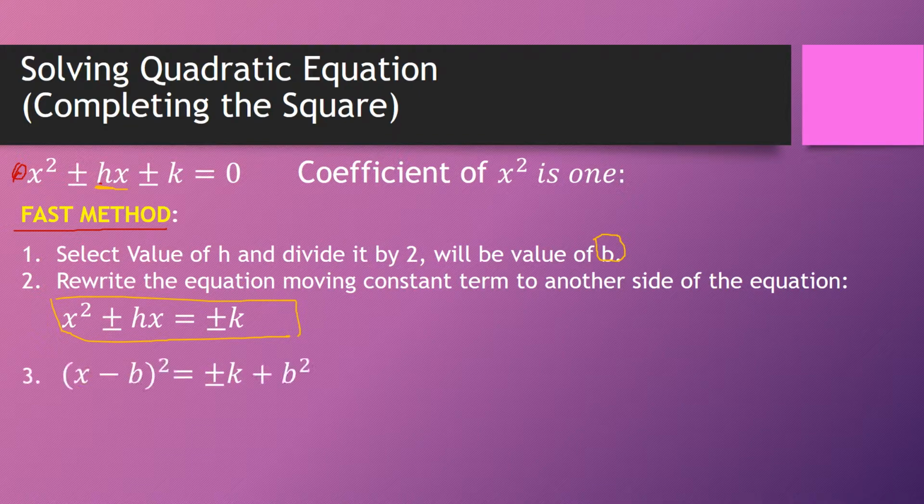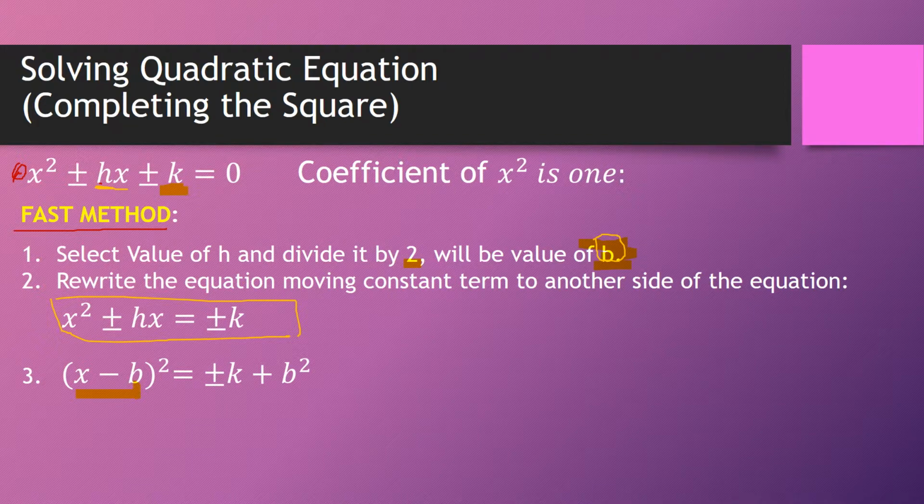What is the next step? Step number 3, you rewrite this equation like this. Always it is going to be x minus b. What is the value of b? The value of b is the h you have here, divided by 2, and this is the value that you put here.